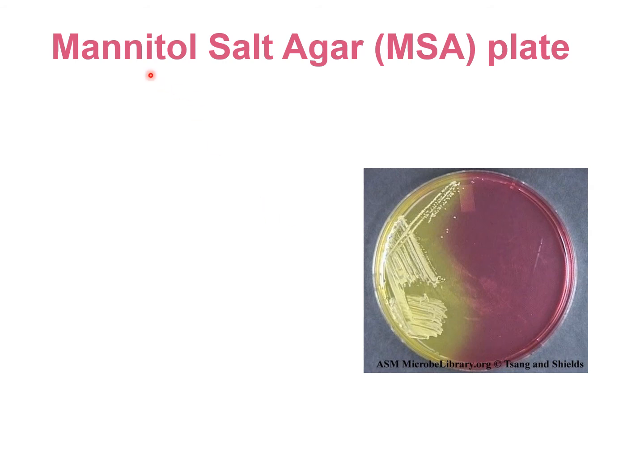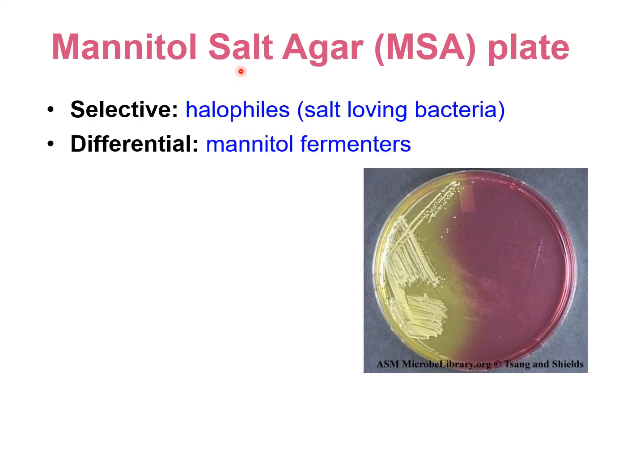So let's talk first about the mannitol salt agar. As I said, this plate has two main ingredients: the sugar mannitol and salt. So this plate is definitely selective. Why is it selective? Because it has a bunch of salt in it, it's going to select for halophiles.